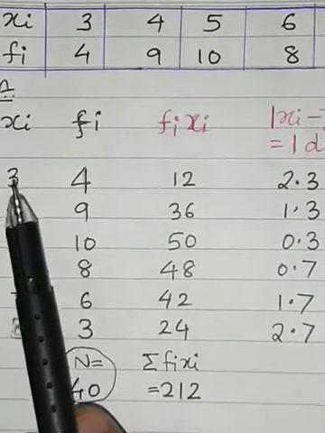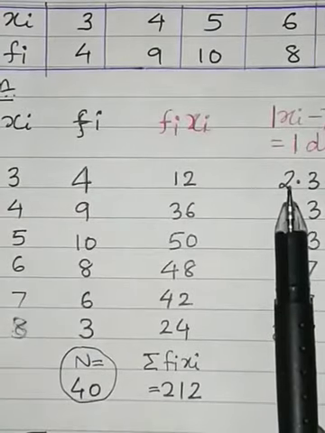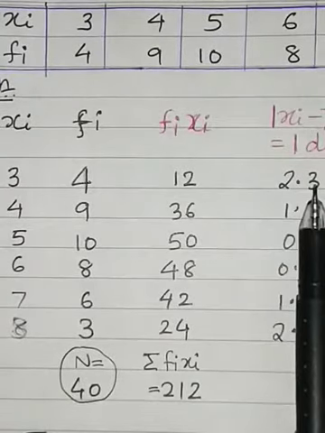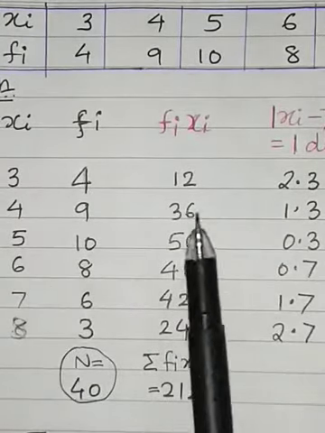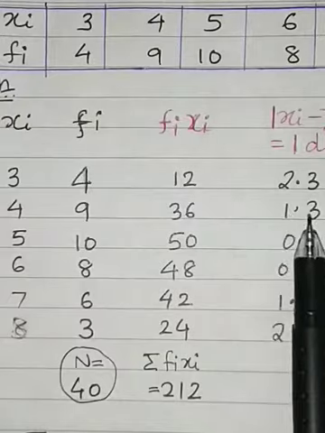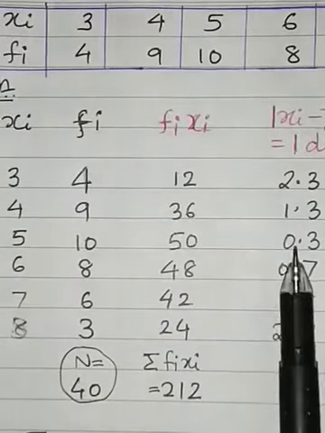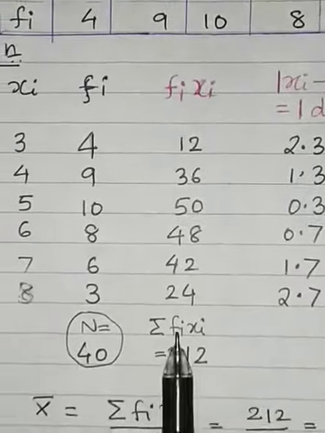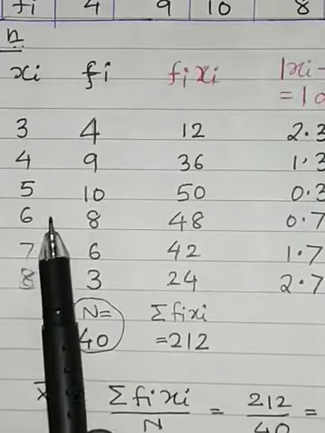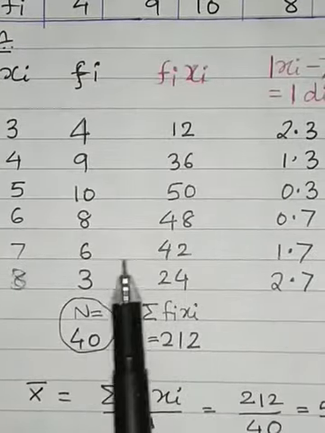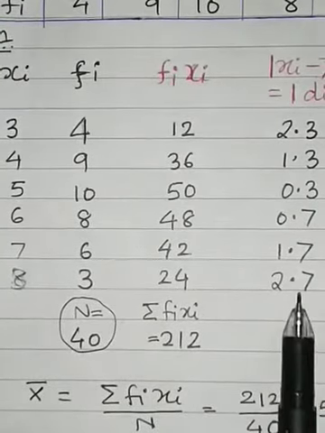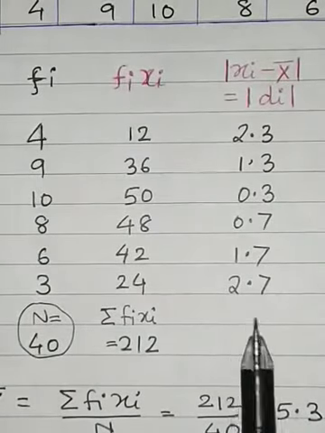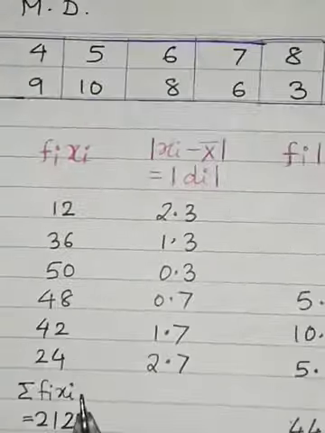By the way, 3 minus 5.3 is minus 2.3. But because of this modulus, I made it positive. 4 minus 5.3 is minus 1.3. I made it positive. 5 minus 5.3 is minus 0.3, which I also made positive. The next values will automatically come positive. 6 minus 5.3, 7 minus 5.3 and 8 minus 5.3. Remember, we are not adding here.